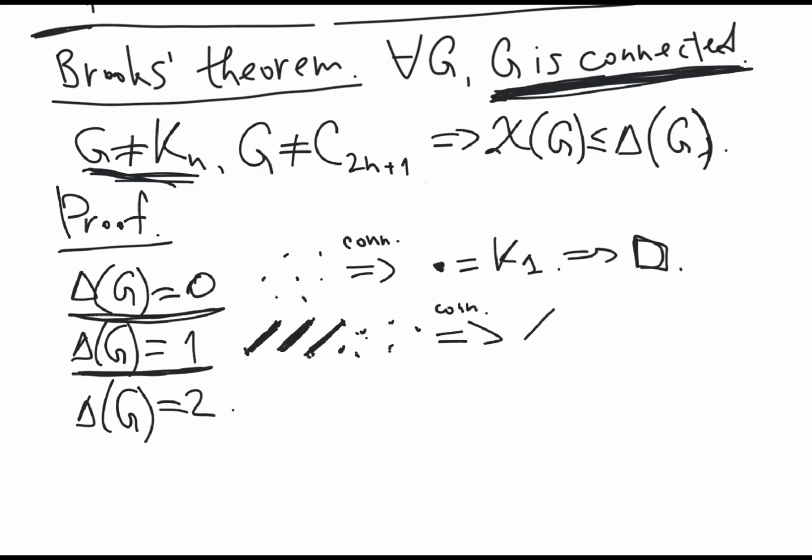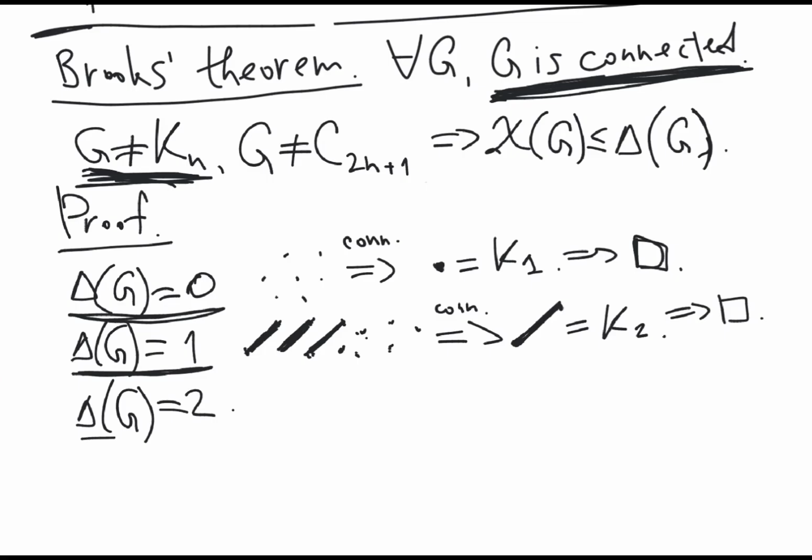So we have a single edge basically. The graph consists of a single edge: 2 vertices, 1 edge, but this is equal to K2. So this graph is a complete graph on 2 vertices, and again we are done for this case, because a complete graph is an exception from the theorem. For a complete graph, we don't need to prove our upper bound.